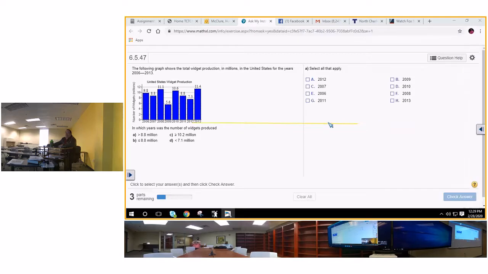Everybody with me? 8.8 million would be somewhere in there. Now which blue boxes are above 8.8 million? I didn't say equal to 8.8 million. I said above.